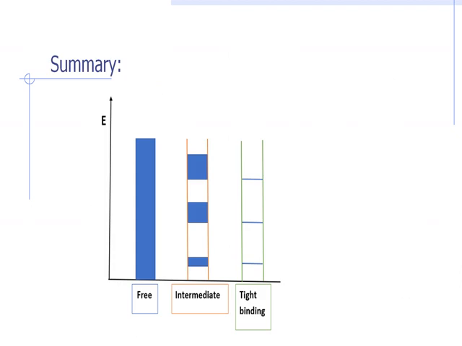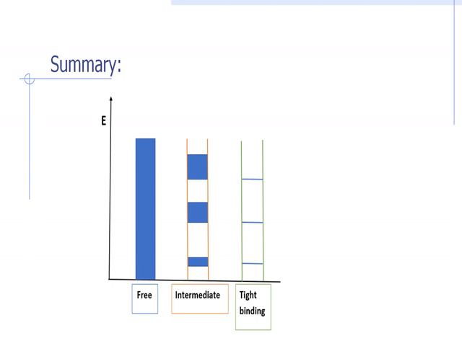So to summarize, what we have seen on the previous page is that a free electron can have any energy, no restriction on it. Suppose P is tending to infinity, that is called tight binding, and we got discrete energy levels. If it is an intermediate case, then this blue band, let us call it the allowed energy band, and there is a gap between the two bands, which is a forbidden gap.